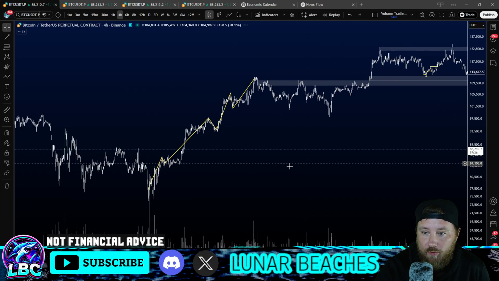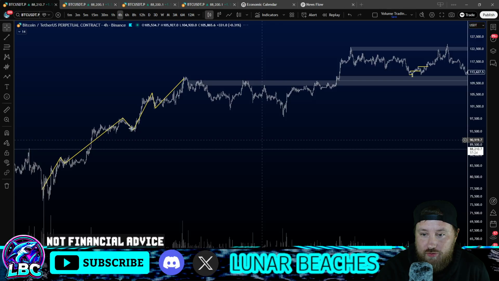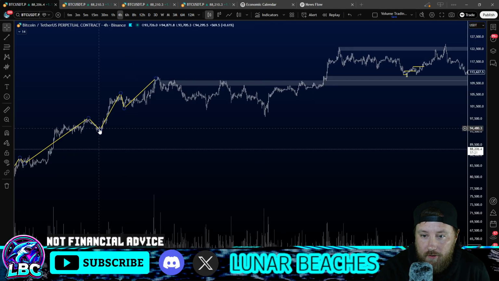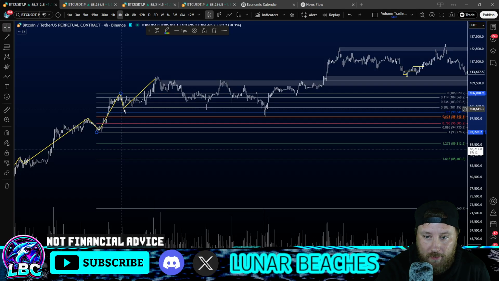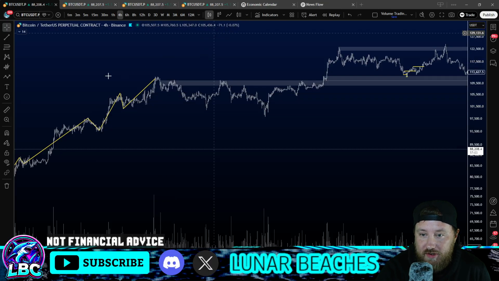So whenever you draw out your market structure, it's important to place your fib from a low to a high and to look for the pullbacks. Now this one gets to the 0.382, and then you get the continuation. Remember, it's all about watching the levels and looking for reactions to those levels.